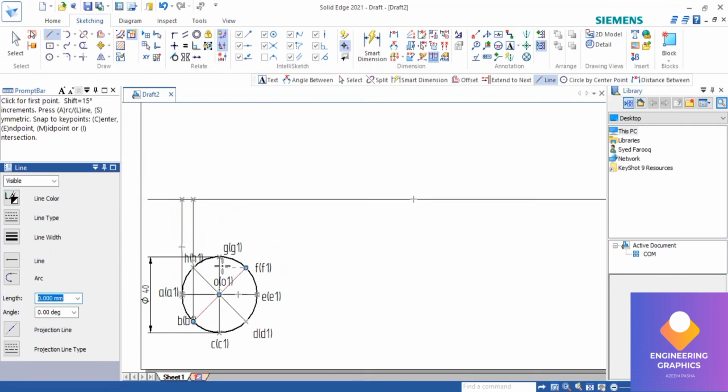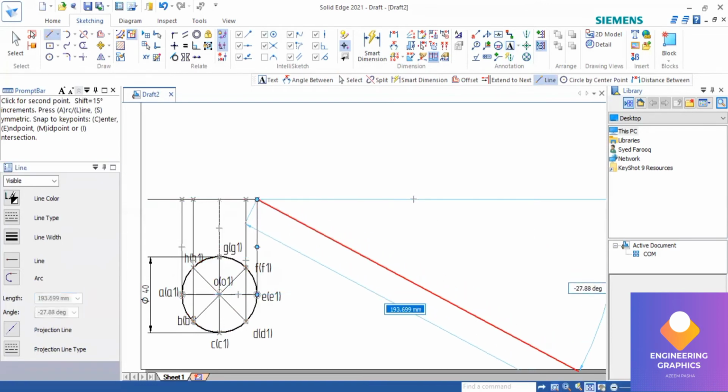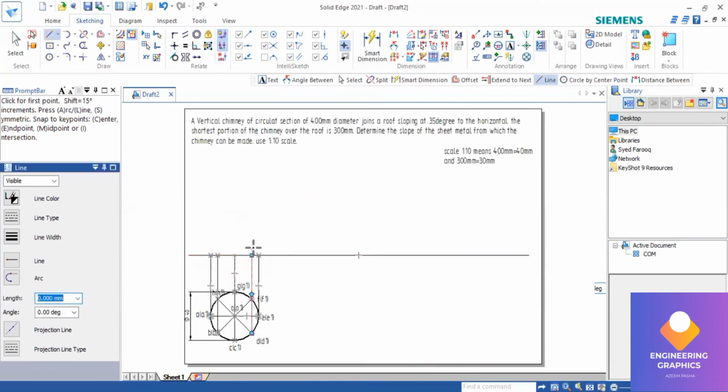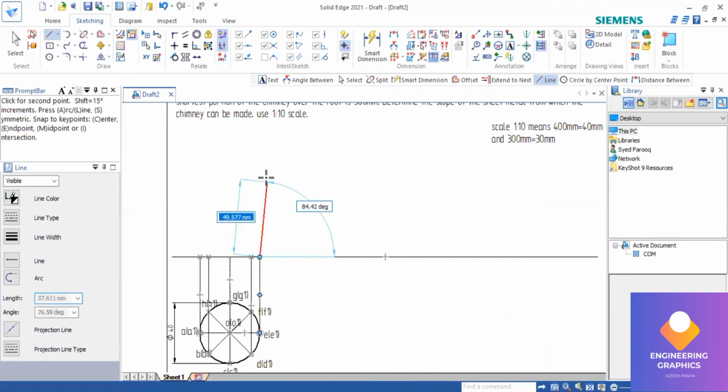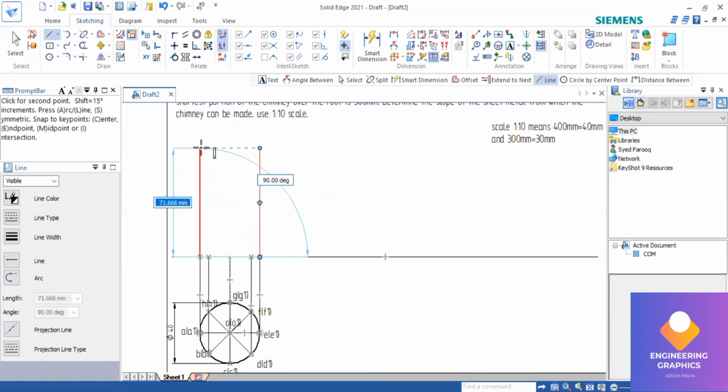Okay. Randomly the height will be taken in the front view because we don't know exactly the height length.